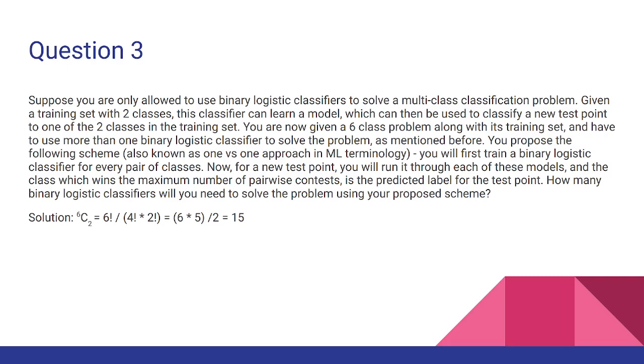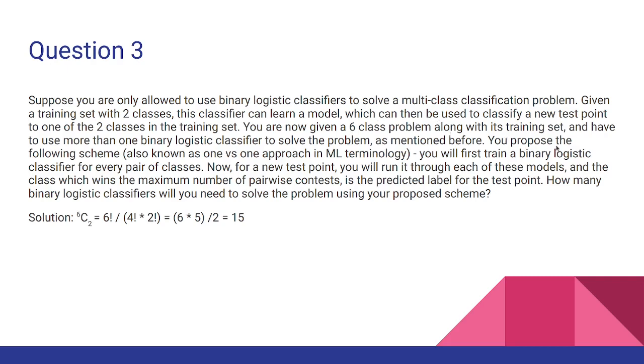Now you are given 6 classes, say red, green, blue, yellow, black, and white, and you have to use binary only. So how to do it? Because you have 6 classes, and in binary you can only choose between 2. But in this case you have 6. So how to do that?